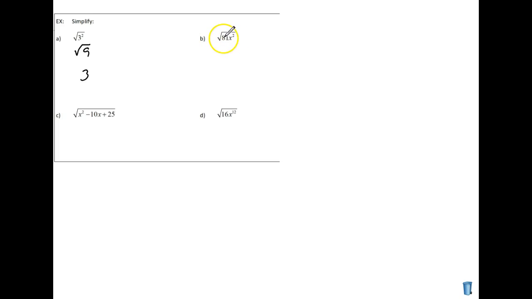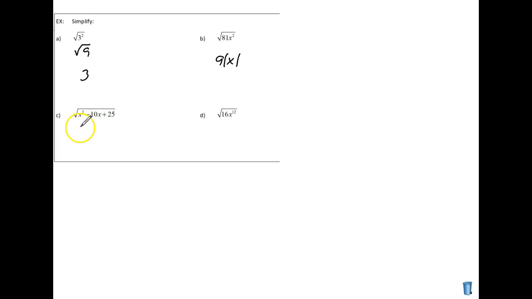However, the square root of 81x squared, well, the square root of 81 is 9, and the square root of x squared is x. But since we don't know whether x is positive or negative, we actually need to include the absolute value here. I wouldn't be opposed if you put the absolute value around the 9, but since it's already positive, it doesn't need it. We can just leave it as 9 times the absolute value of x.